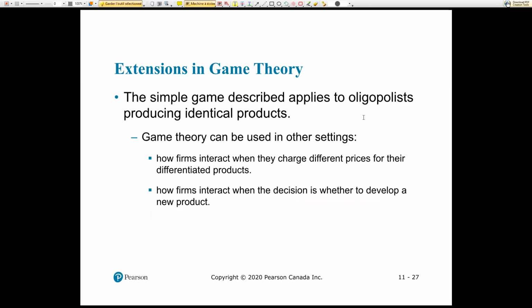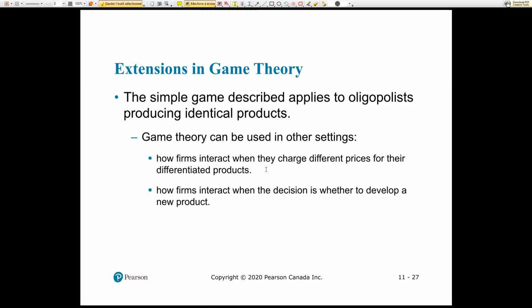The analysis of oligopoly started the whole game theory discipline, but now it has been generalized to many more settings. One is how firms interact when they charge different prices for differentiated products.